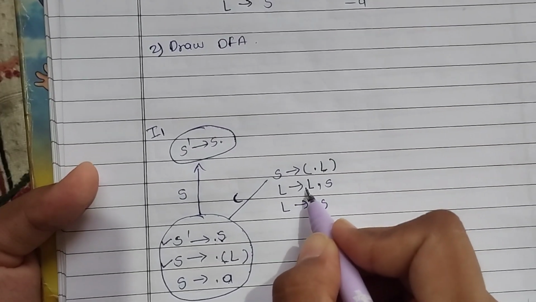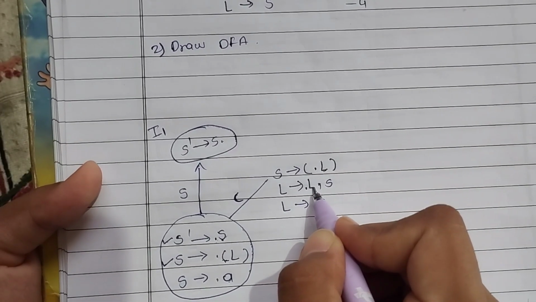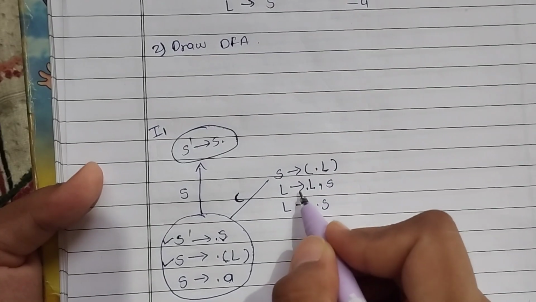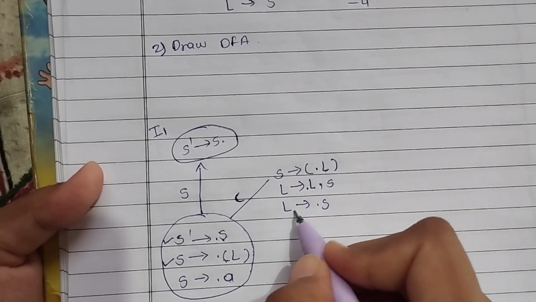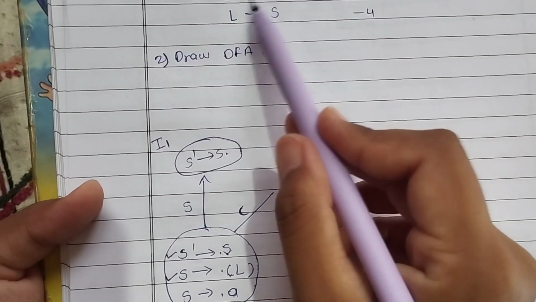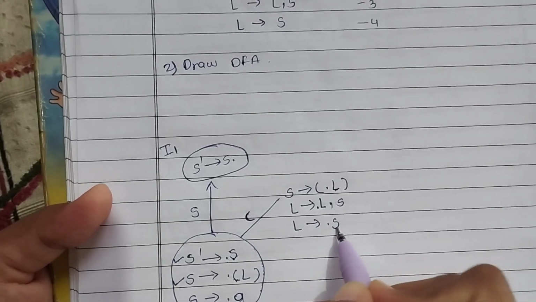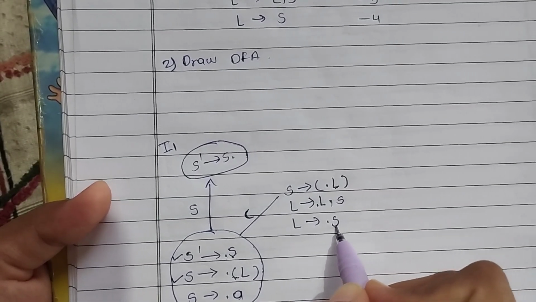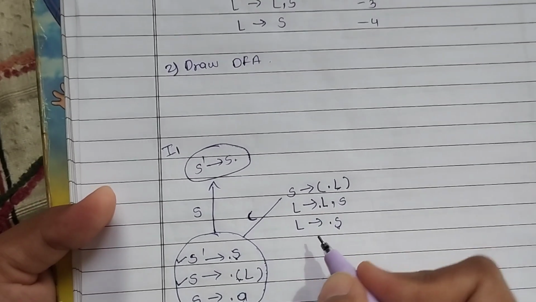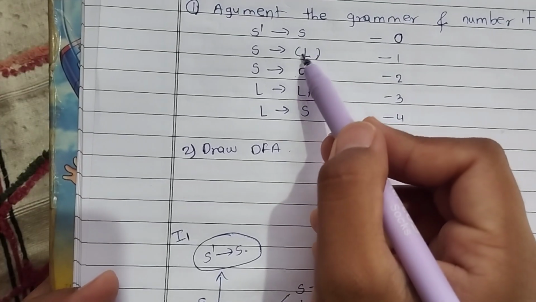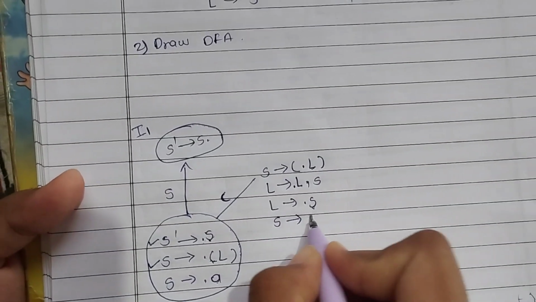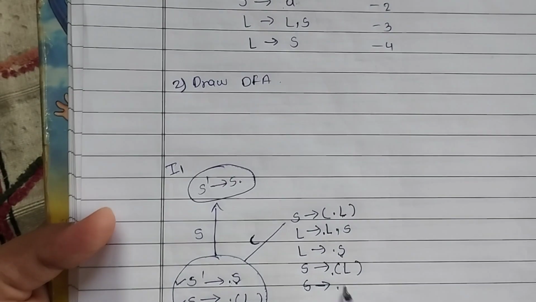Again, after the dot L is present, and for L we have already written the grammar here itself, L → .L, S, so we do not write it again. Next, the dot before S, so we write all the grammar with respect to S again. So S → .(L), and one more, S → .a.